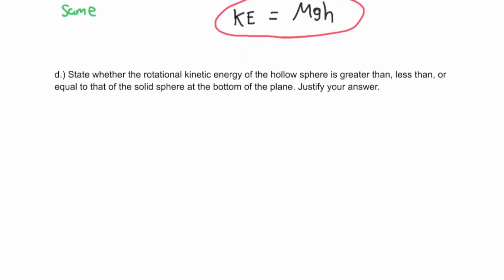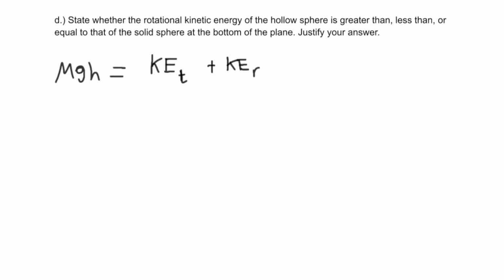But now we're talking about the rotational kinetic energy. So mgh, which is the same, is going to turn into kinetic energy of translation at the bottom plus kinetic energy of rotation at the bottom. And note that what's different this time is we have a hollow sphere.